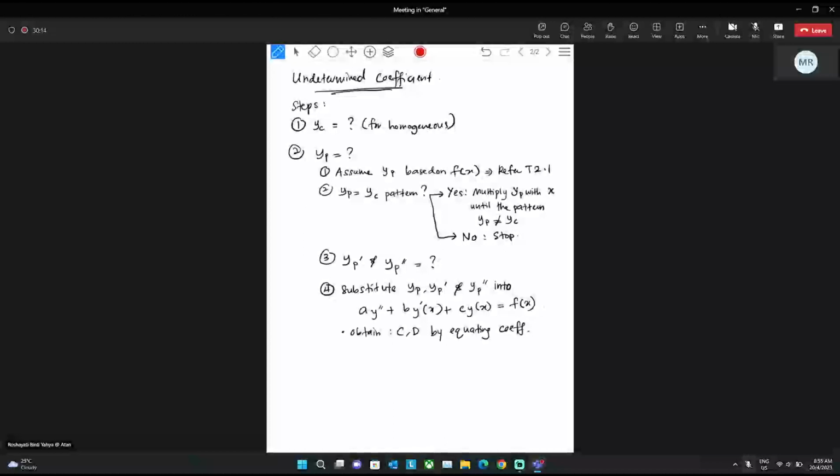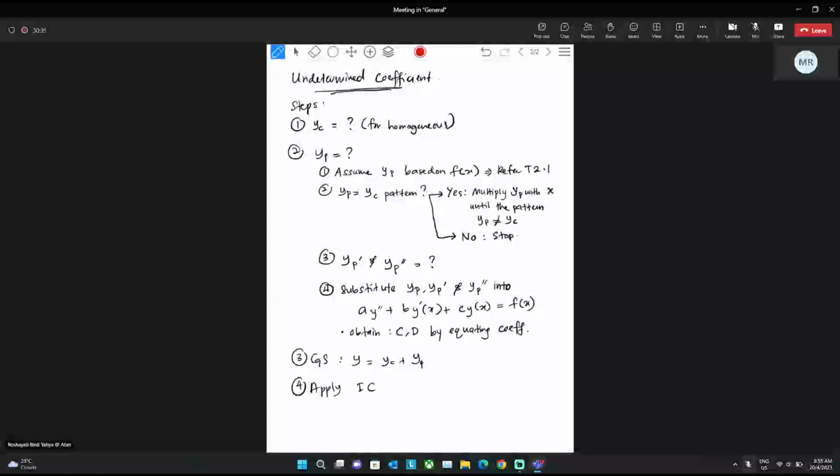So number 3, general solution, meaning that you need to find y equal to yc plus yp before apply initial condition.